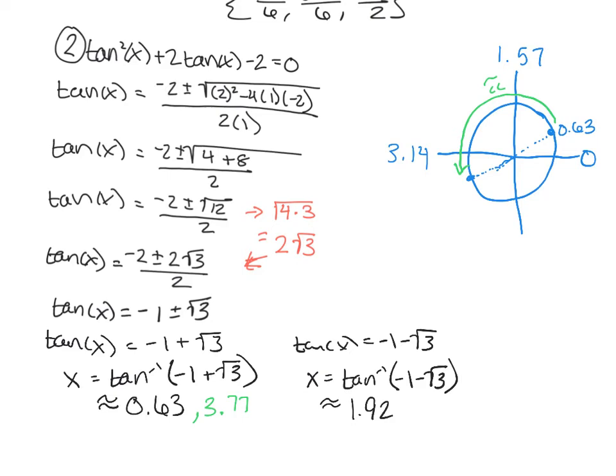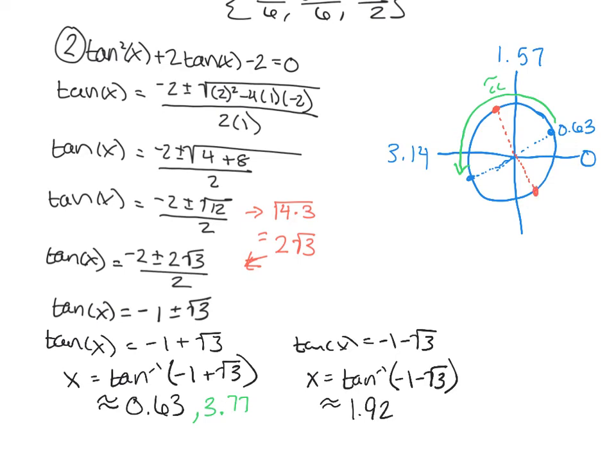So 1.92, that's pretty close to 1.75, but it's definitely in our second quadrant. So we're going to say that's like, I don't know, here-ish, guesstimate. But if that's where that answer is, I still need to go across my unit circle to get that answer. Okay, so about right here.